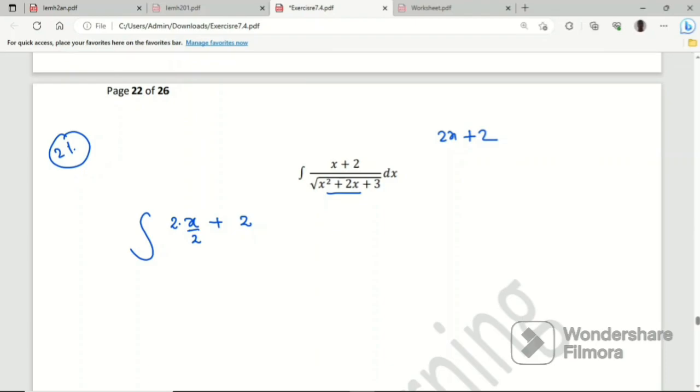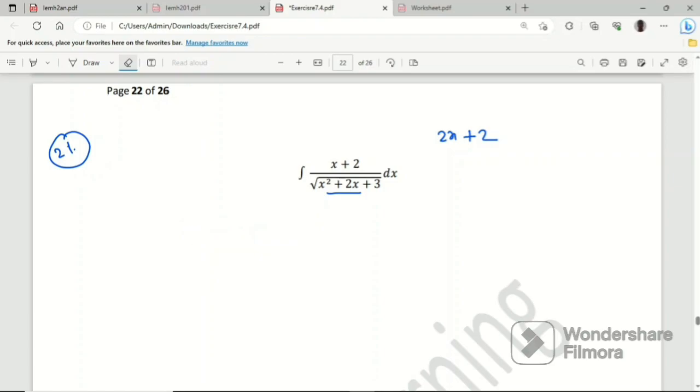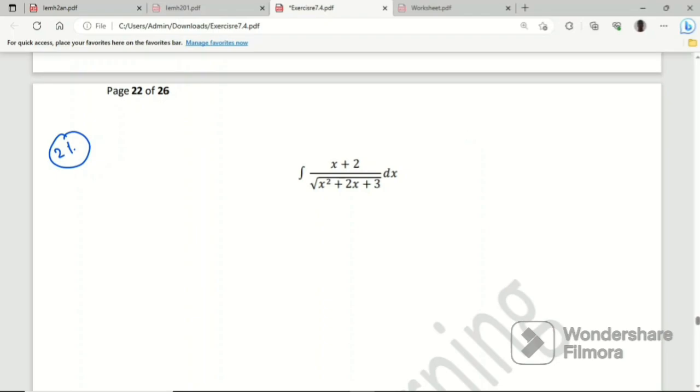So can I get something like that? No, I cannot do something like that. Here I need 2x plus 2 obviously in the numerator, but it is x plus 2 there. So I cannot try.